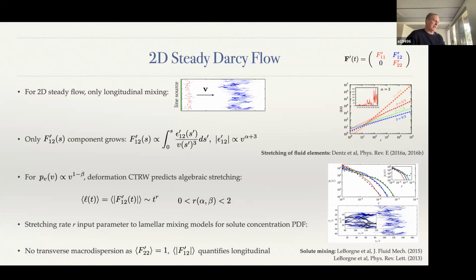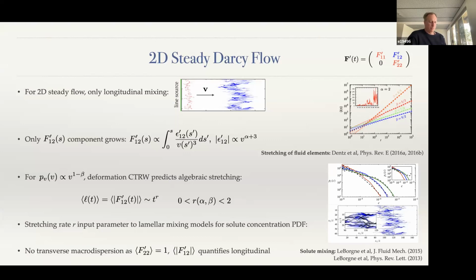Now we find different scaling regimes for r based on the types of dynamics that we see. We can see linear stretching with time, superlinear, and almost ballistic growth of fluid elements, and then ranging right down to sublinear growth.